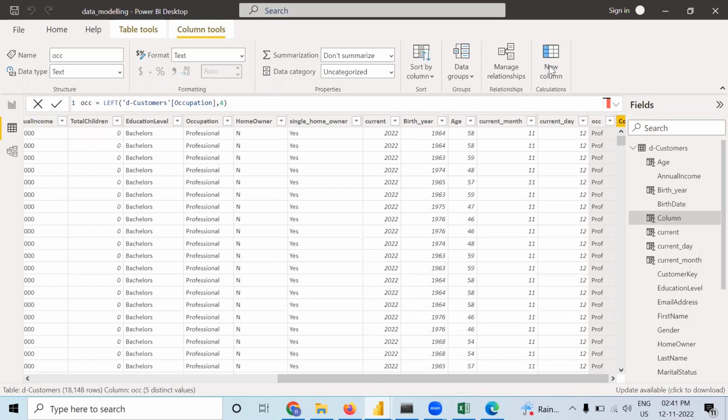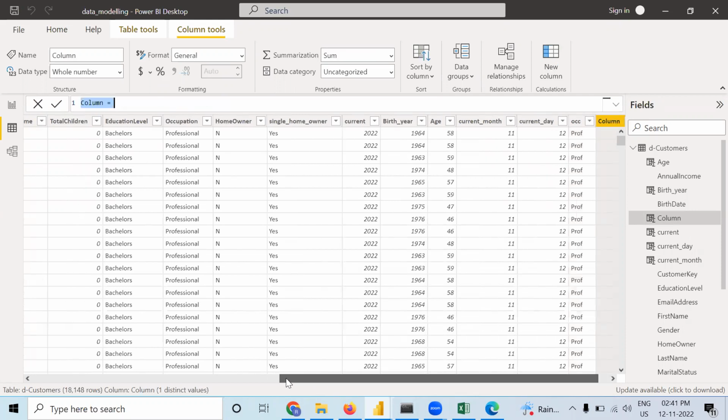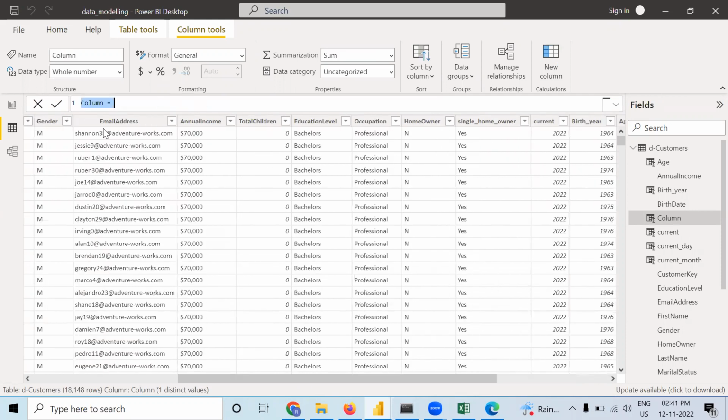Okay, right now what we are going to do is apply the same function with a small change. Here you can see the email address. This is the username of a person, and this is the company name, adventureworks.com. So this is a company email ID. If you want to extract the username only, you can use the same left function with a search condition.